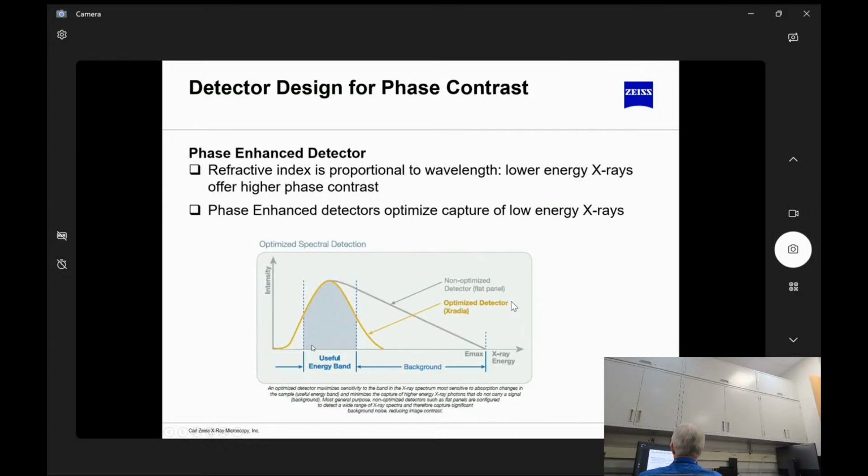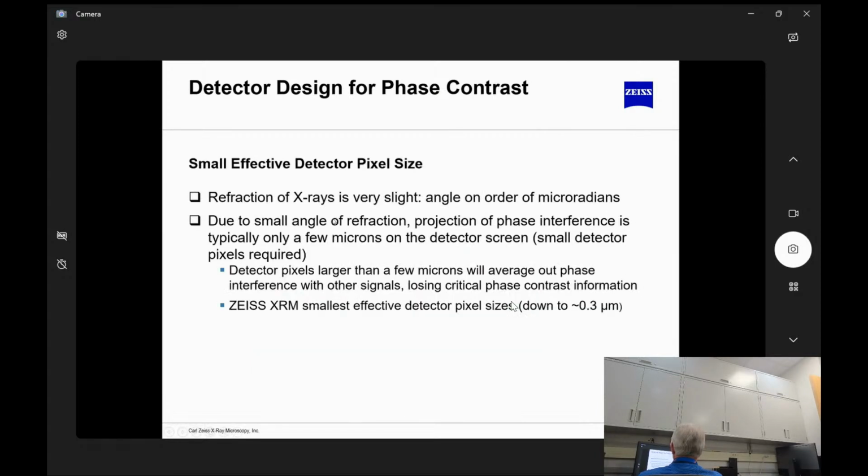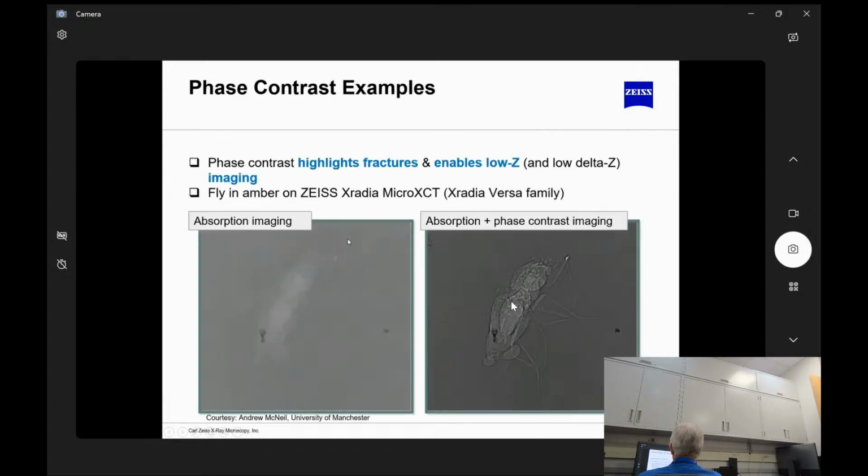These detectors are optimized around this useful energy band for phase contrast, and refraction is very slight, an angle on the order of microradians. So on a mosquito, embedded in agar, probably could be wax, versus absorption plus phase contrast scanning, you can see how much of a difference that makes.